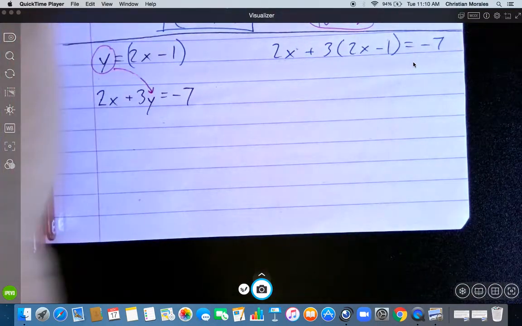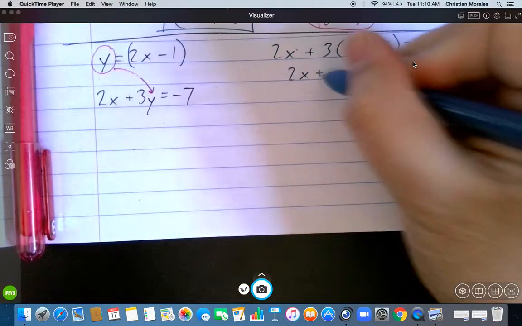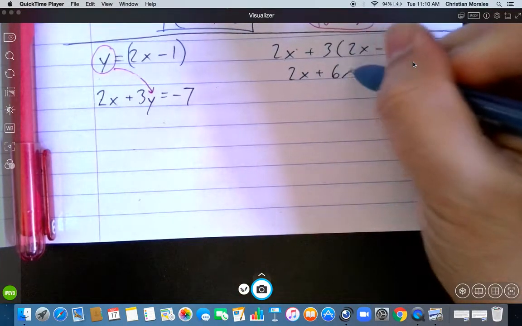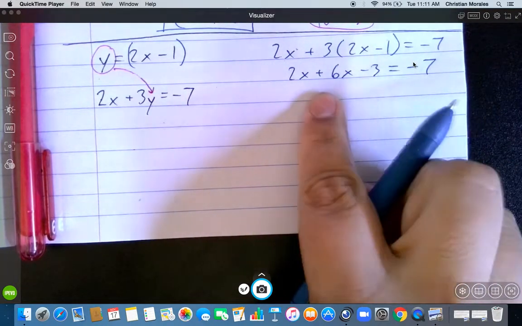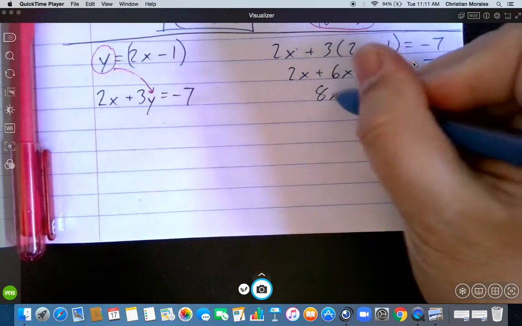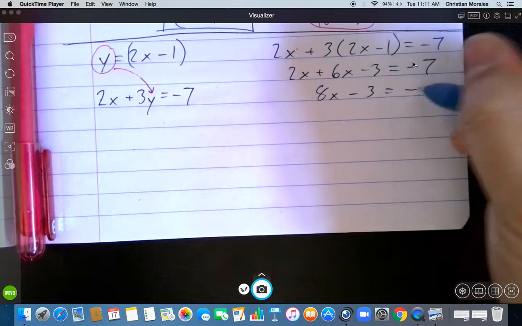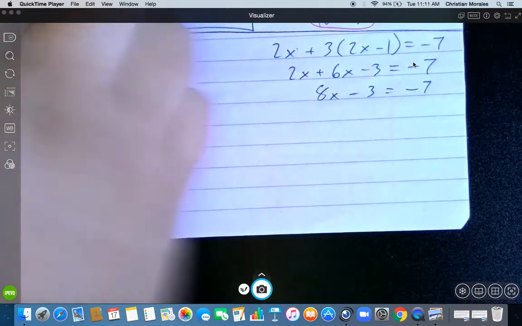All right, now we got to do some work. We got to distribute. So 3 times 2x is 6x. 3 times negative 1 is negative 3. Okay, I have too many x's here, so I should combine my like terms, combine my x's. Okay, I'm going to move that 3. So we're going to do inverse operations.